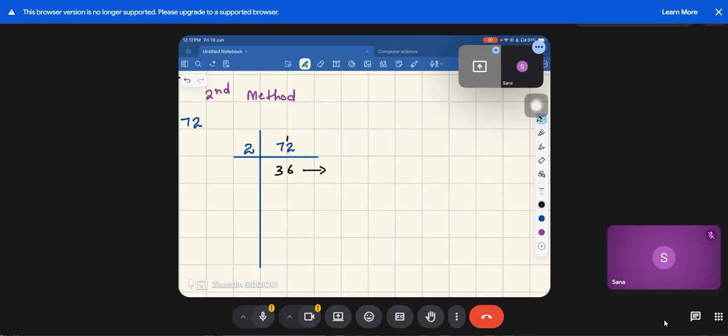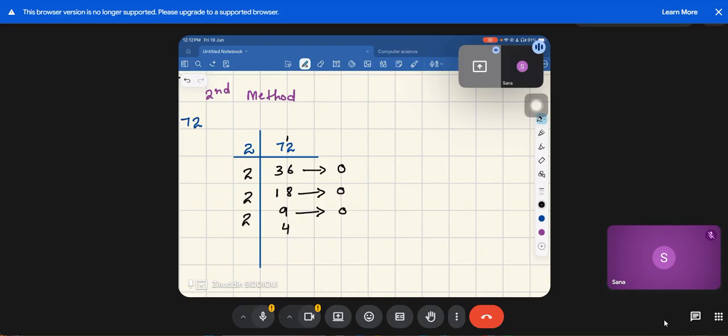Nothing is left, so we put the remainder on the right side. Because no remainder is left, we put 0. Then 2 ones are 2. 2 eights are 16. No remainder left, 0. 2 nines are 18. Nothing left, 0.